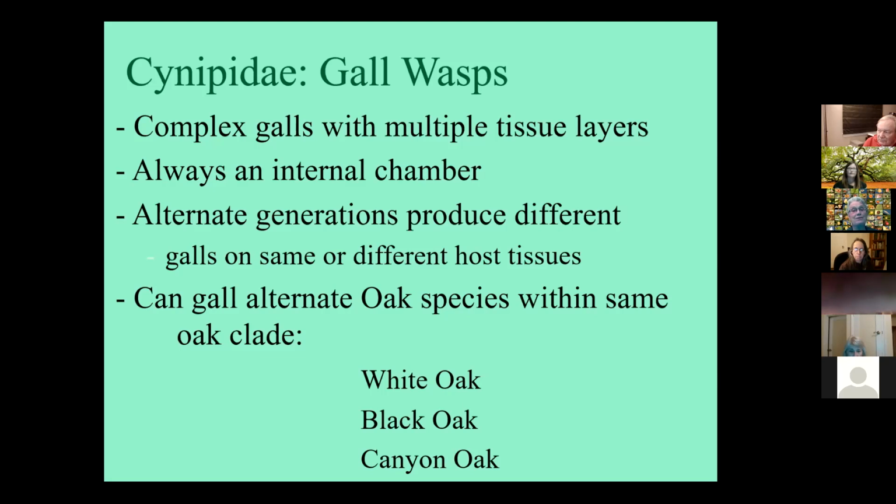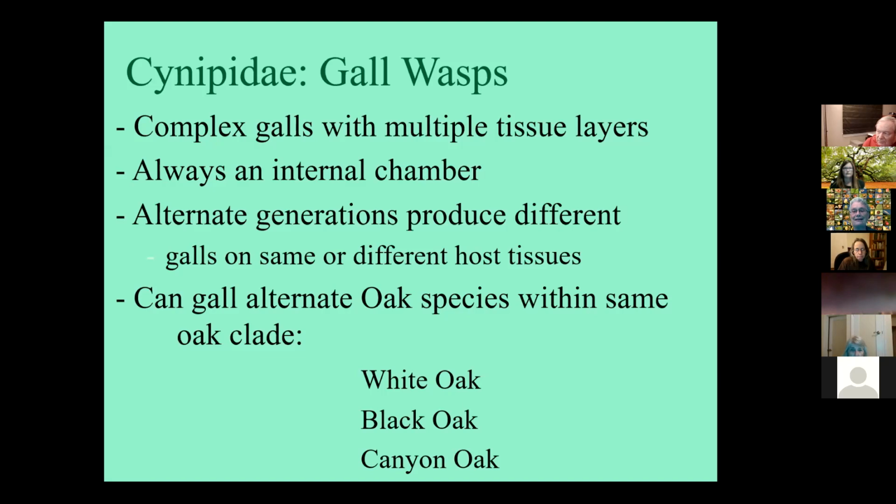If it's a monothalamous gall, there'll be just one. We'll note, and we'll get into this later, that alternate generations produce different galls on the same or different host tissues.